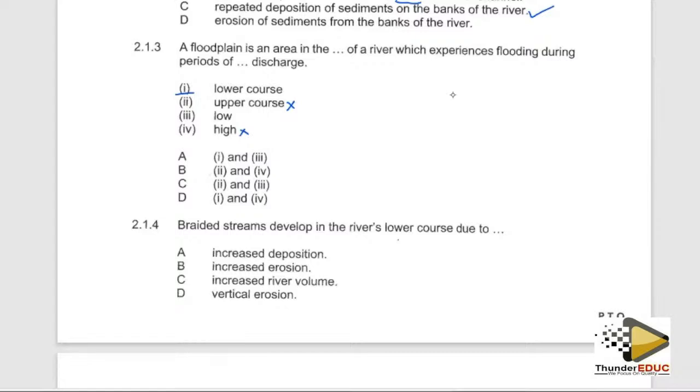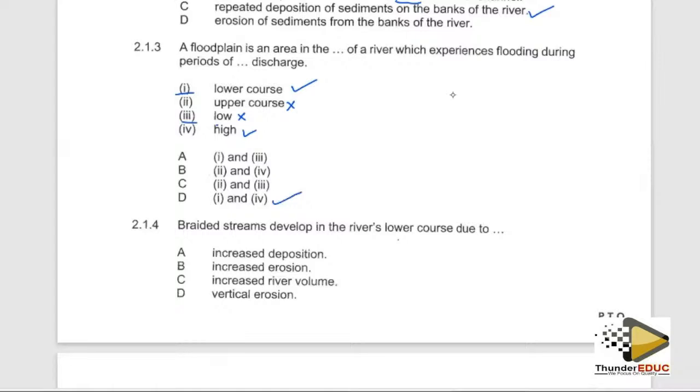No, it cannot be low. It must be high. So this is out, which equals option 1 and option 4, which makes our option D correct.